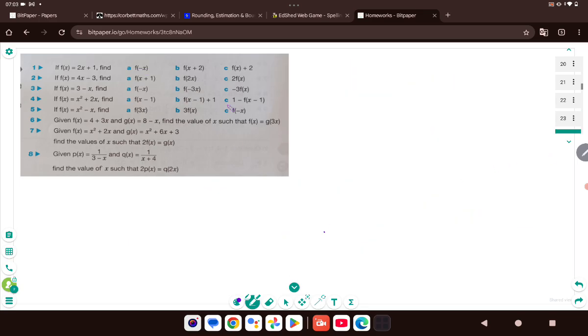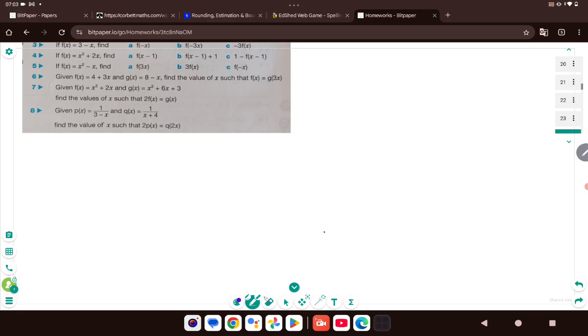Okay, we're on question 4. So your function this time is x squared plus 2x. We want to find the f of x minus 1. So we're replacing x for x minus 1. I expand, don't forget this is a double bracket, right?